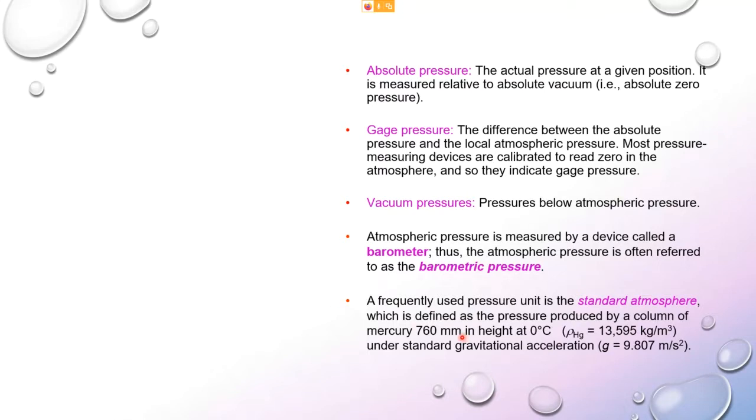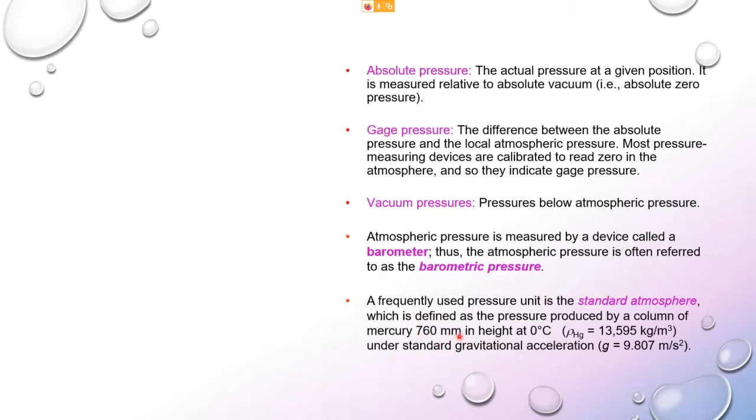Remember, density rho g h, or z. In this case, we use the symbol z for height. So rho g z. Rho is the density of the substance, g is the standard gravitational attraction, 9.81, and z is the depth, or the height of the column of the substance.